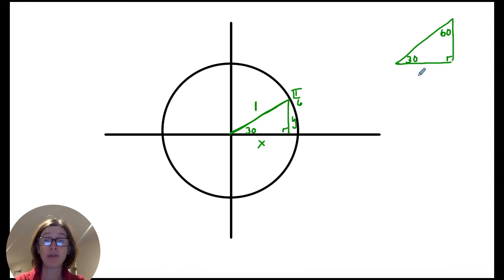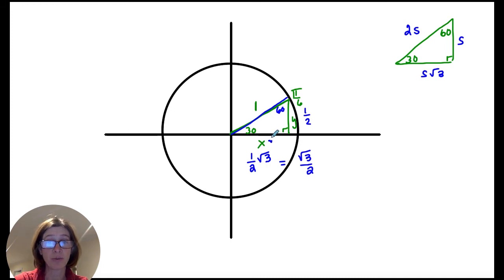Now, if you look at the 30, 60, 90 triangle relationship, across from 30 is normally s, the hypotenuse is 2s, and across from 60 would be s root 3. So using that relationship, we now have 1 as our hypotenuse. Across from 30 would have to be half of that, which would be 1/2, and across from 60 would have to be 1/2 root 3, which we would write as root 3 over 2.